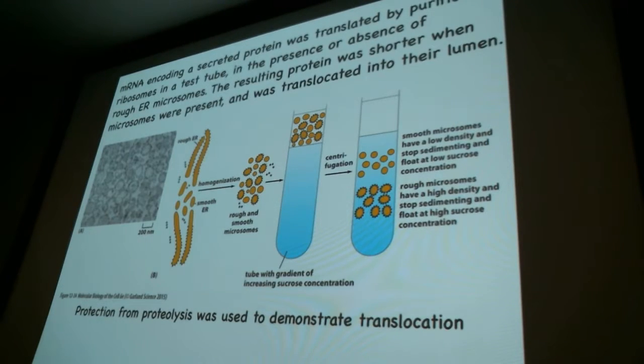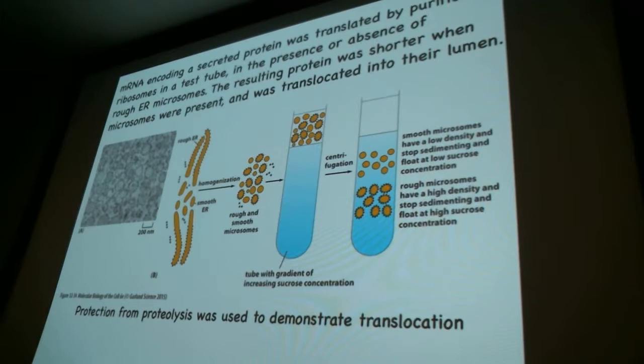The experiments that his lab did were really elegant, because first they did some of the first fractionations that were done in biology. They did this preparation that up to this day we still call microsomes. So you basically take a cell that has a lot of ER and homogenize it in the lab.